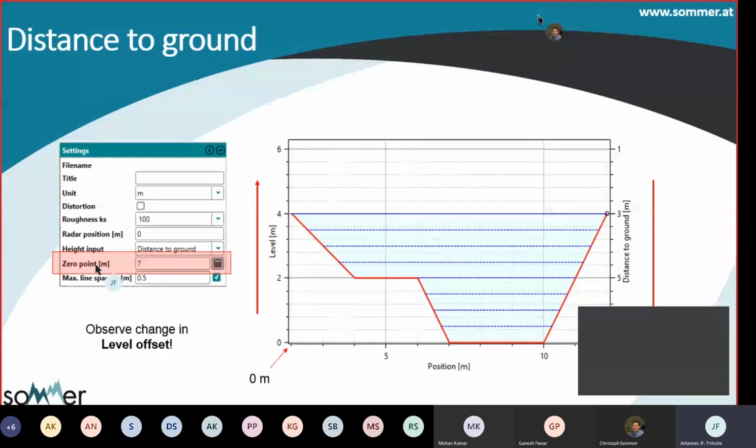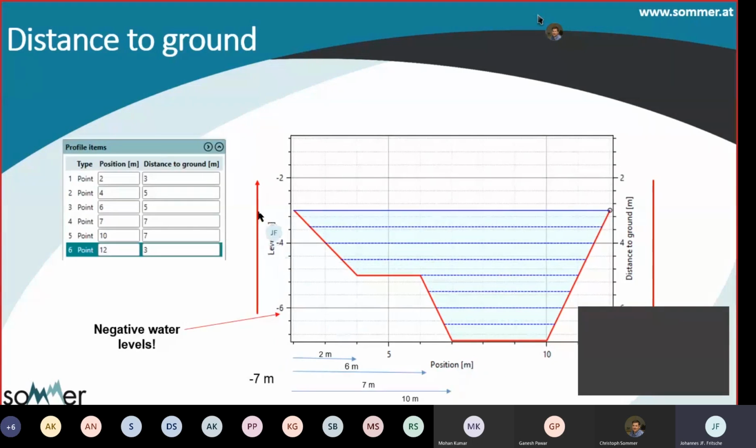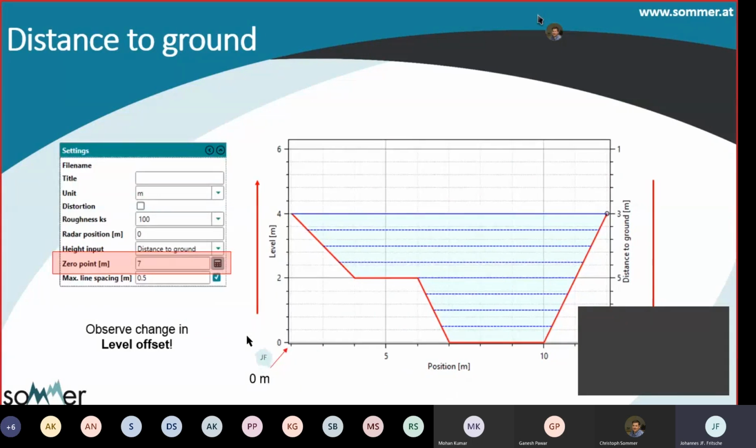So we say our 0 point offset is 7 meters. And our 0 point is moved from the top downwards to the bottom of the channel. So if we go back again, we see that the scale of the level is shifted from negative values to positive values. And so now we can communicate our water levels as positive numbers, which is the normal case and which is easy to communicate.